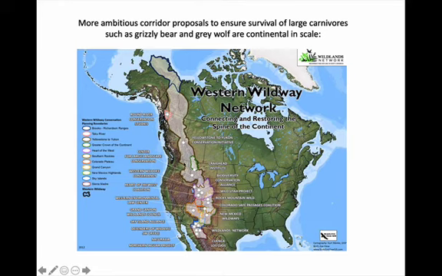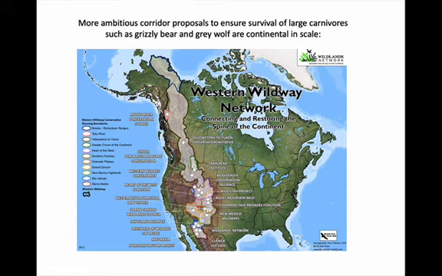Currently, there are grizzly bears only in the northern portions of this area, but there's no reason why they could not expand their range back south and reoccupy much of their historic range into central Mexico. Similarly, gray wolves are found mostly in Idaho and Montana, and to some extent in eastern Washington currently, and then all the way north into Canada and Alaska, but not south of there. It is possible for there to be contiguous populations of wolves all the way south and to preserve that top carnivore.